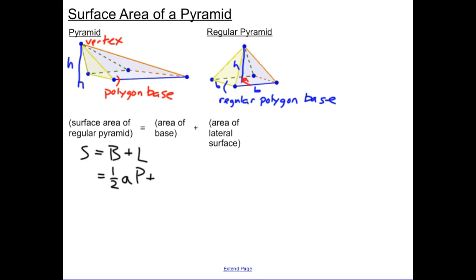The area of the lateral surface, L, well, that's simply going to be the area of one of our lateral faces times the number of lateral faces. So the area of a lateral face is, we have a triangle, and we call the distance between the center of one of our edges for the polygon base to the vertex, we call that L. That is our slant height.